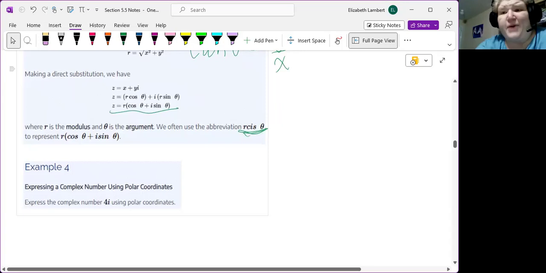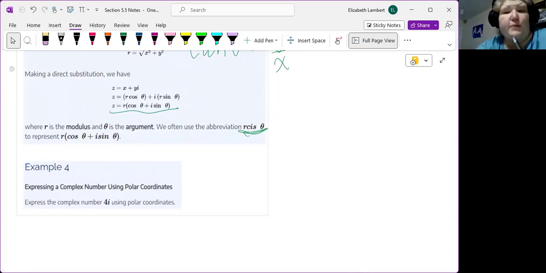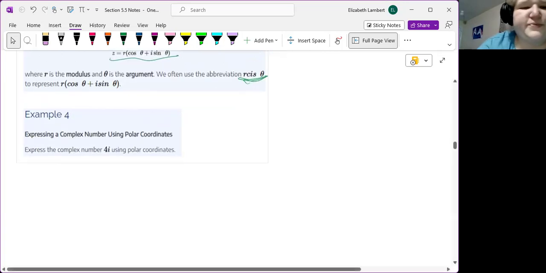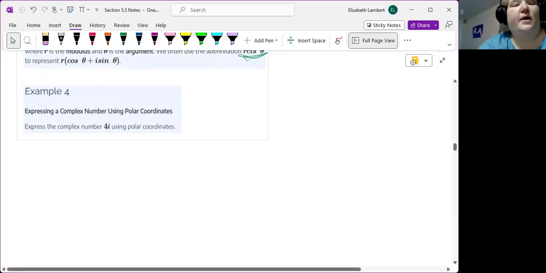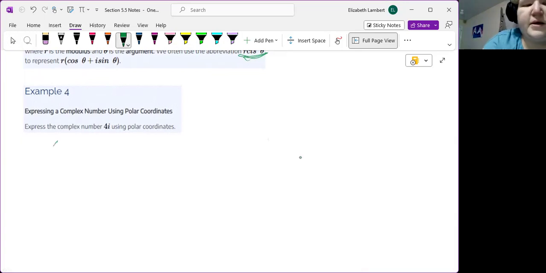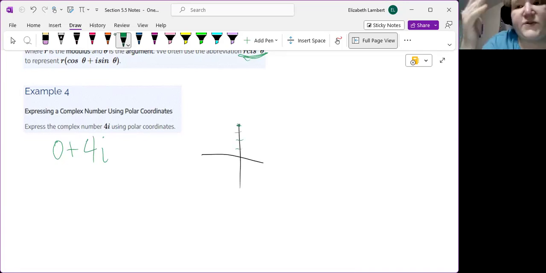So now we're going to practice just going from a normal complex number to polar notation. All right. So the complex number 4i, that is 0 plus 4i. So if I plot that, it's 4 up on the y-axis. So the radius is 4.